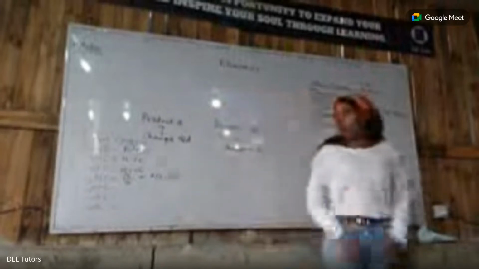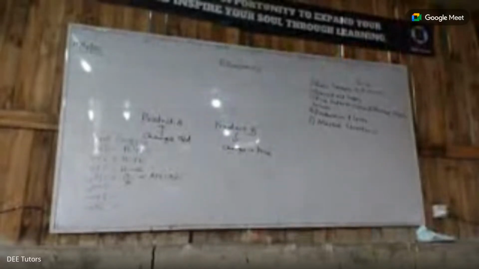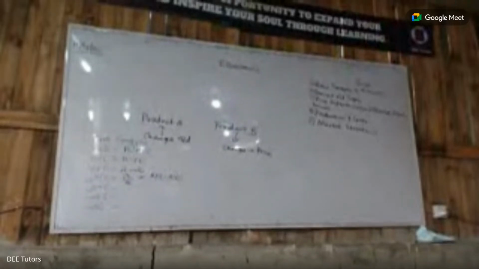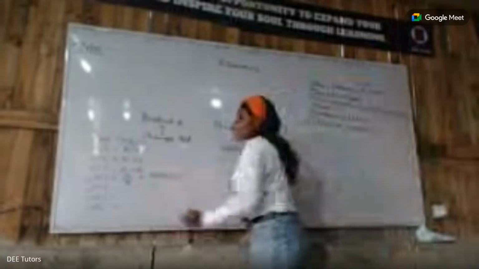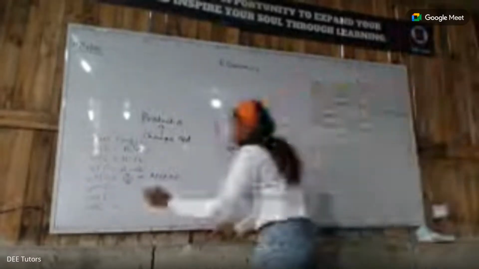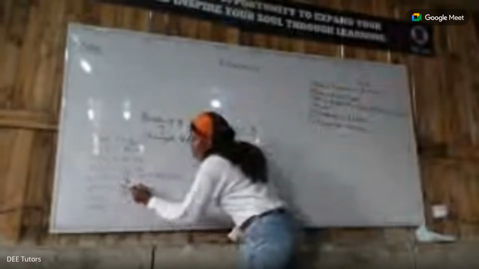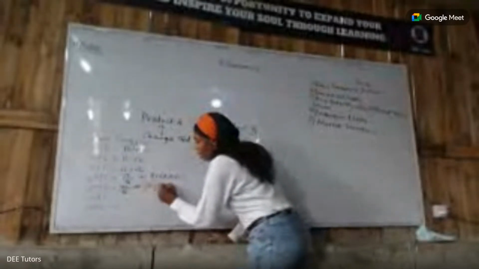What's the formula for average variable cost? Variable cost divided by quantity, or average total cost minus average fixed cost.